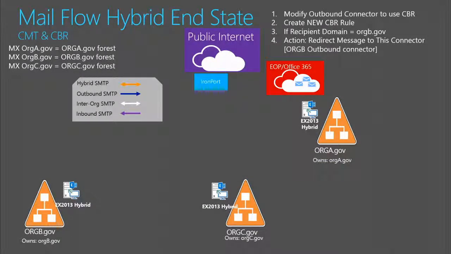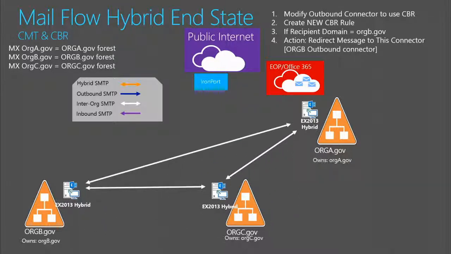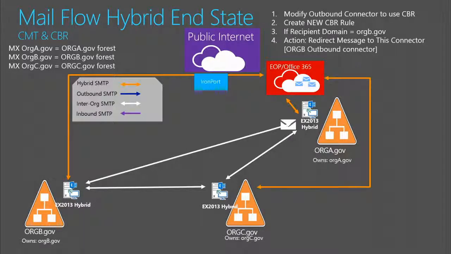In a hybrid state, one of the challenges with CMT is that once you enable it, your inter-org mail flow between each org is still the same, and that's fine. You now have your hybrid connectors to each environment. But the moment you CMT or CMC enable one of your hybrid orgs, all mail flow is going to go through the connector to that org.